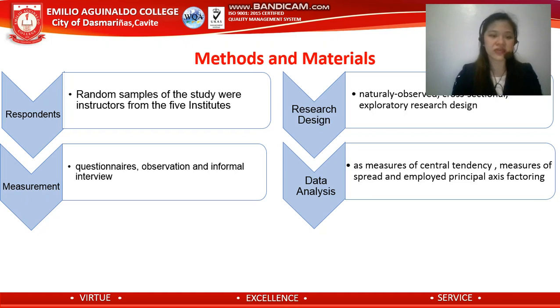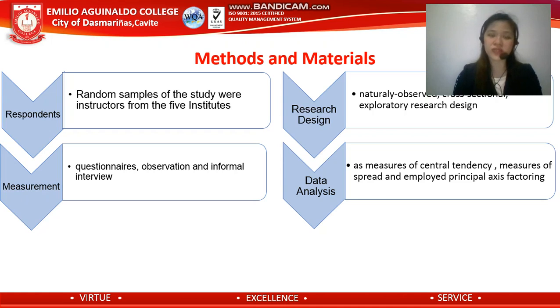For the methods and materials, we have random samples of the study where instructors are from the 5 institutes. These are Institutes of Teacher Education, Institute of Business Education, Institute of Hotel and Tourism Management, Institute of Computing Studies.